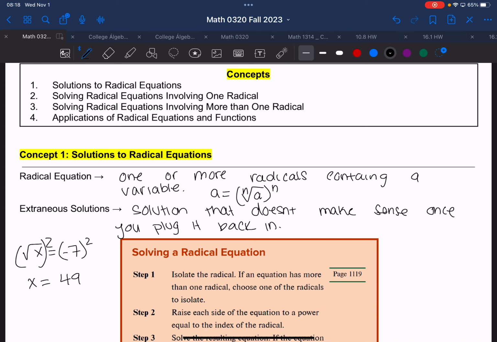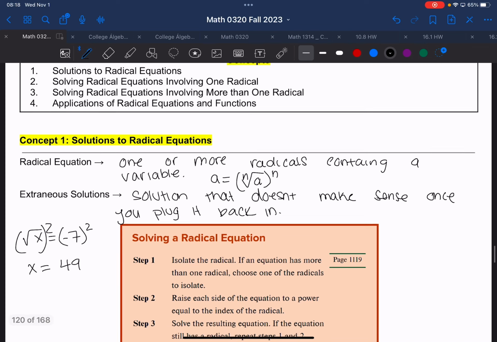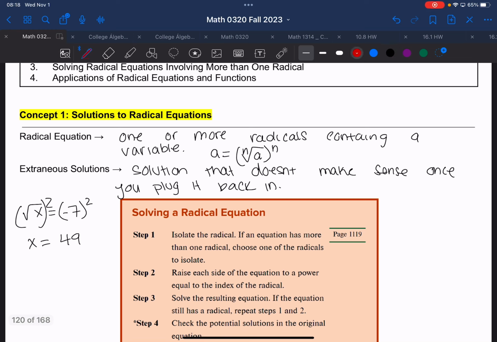Okay? If we were to plug that 49 back into our original problem, so this is the check, the square root of 49 equal to negative 7. What's the square root of 49? 7. Is that equal to negative 7?